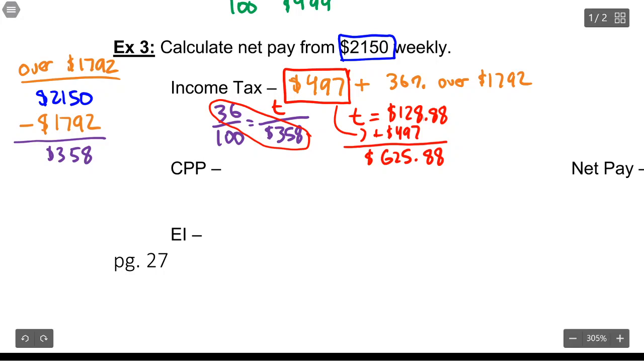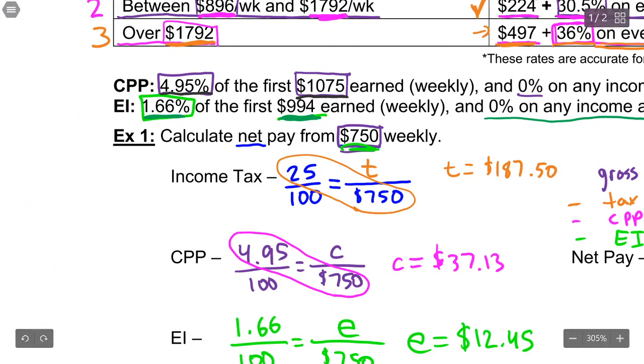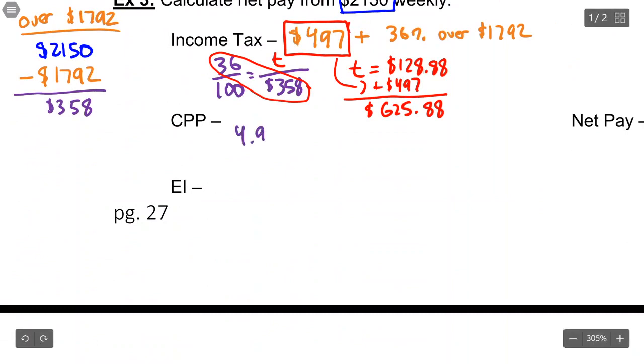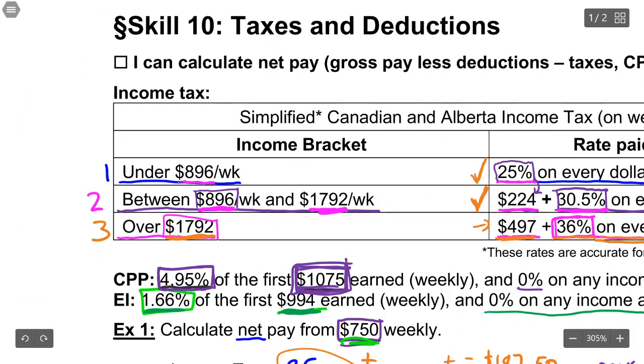Now CPP. CPP goes up to a maximum of $1,075. So 4.95% up to that maximum of $1,075. So this is going to be 4.95% of that cutoff value, that $1,075.